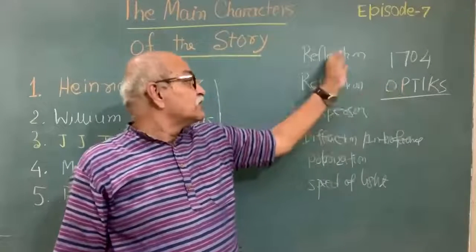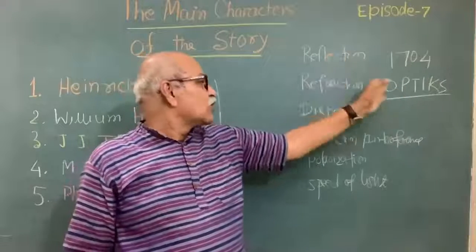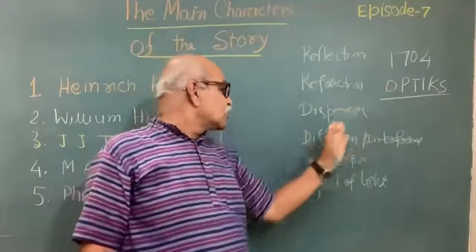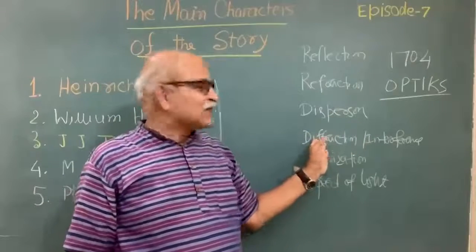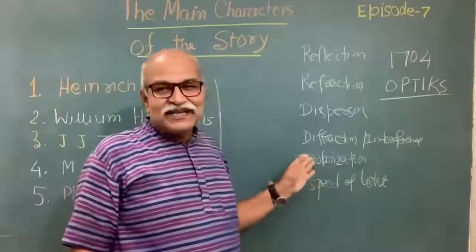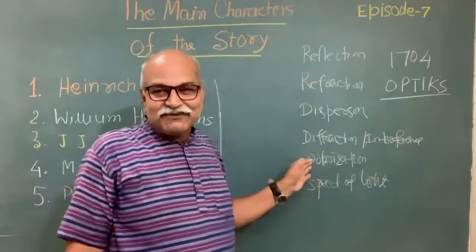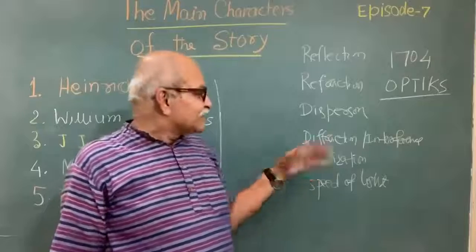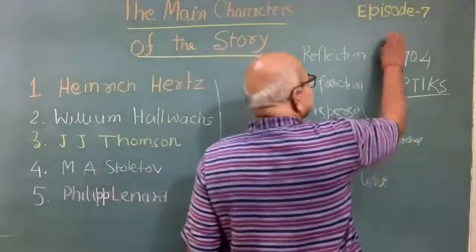In this he talks of reflection, refraction, dispersion. He talks of diffraction and also interference. He talks of polarization, although he himself doesn't seem to have done a lot of experiments on polarization, but another scientist did. So this is Newton.